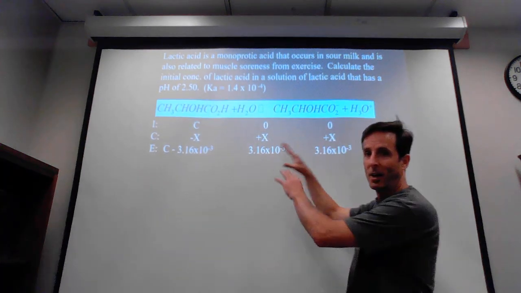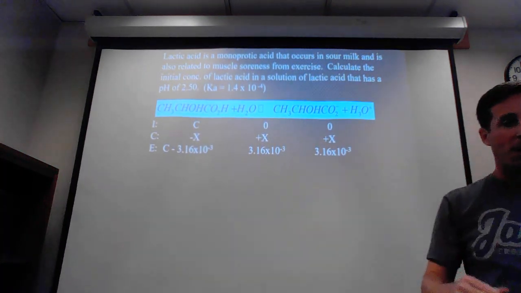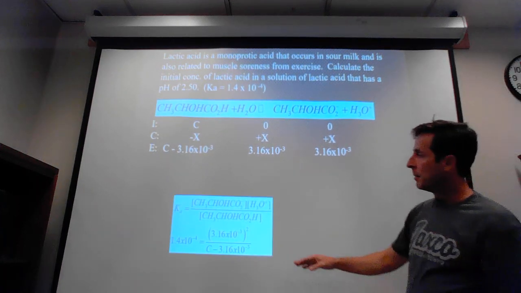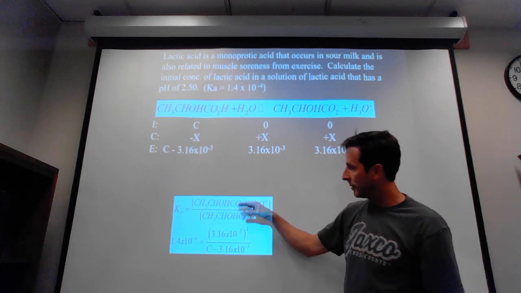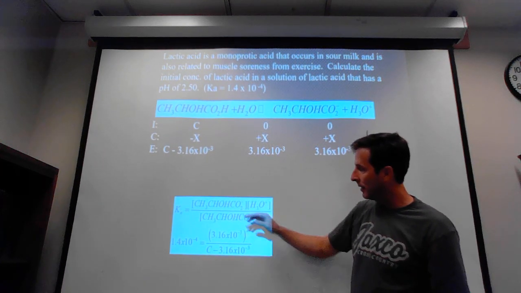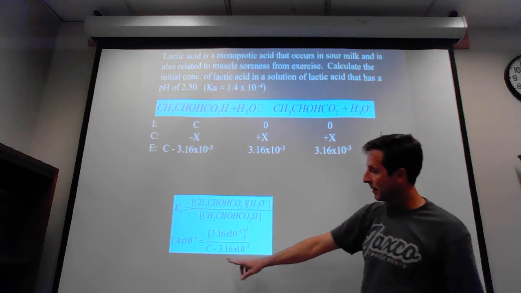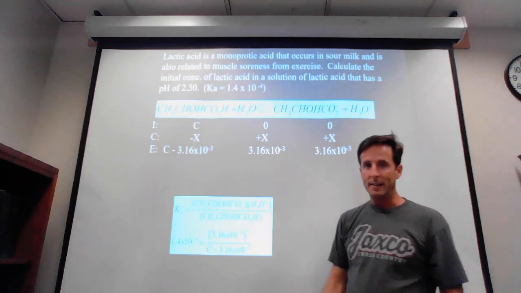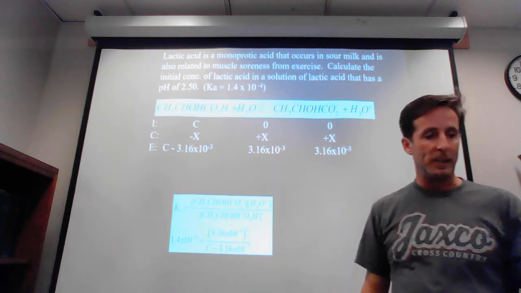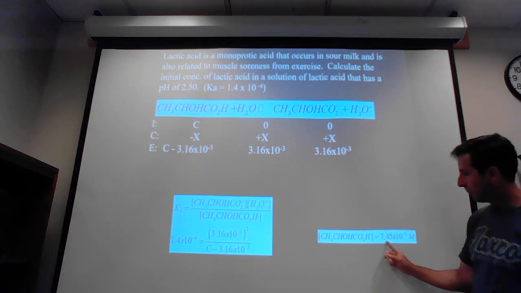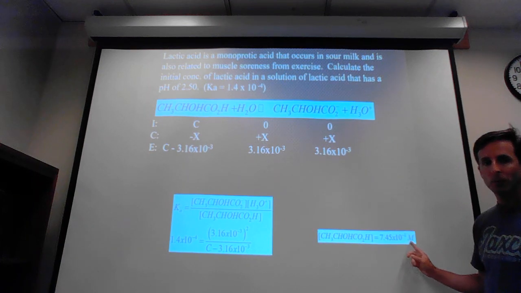So now once I set all that up, and again, you need to do that yourself, then I can take my equilibrium row, plug it into the equilibrium expression, A minus times H plus over HA, plug in all my numbers from up here. There's my unknown, my C value. Then I just have to do some algebra to solve for C. You should get 7.45 times 10 to the minus 2 as my answer.